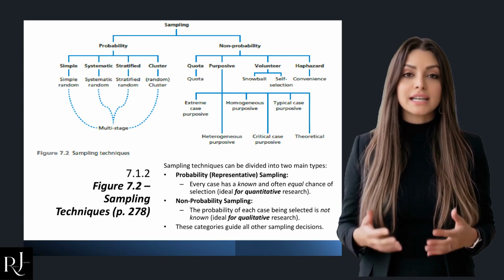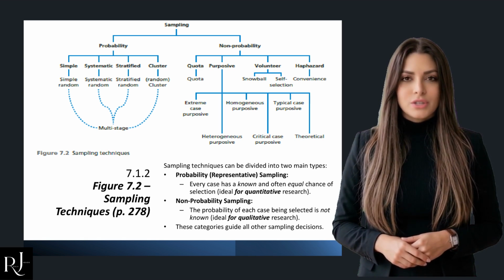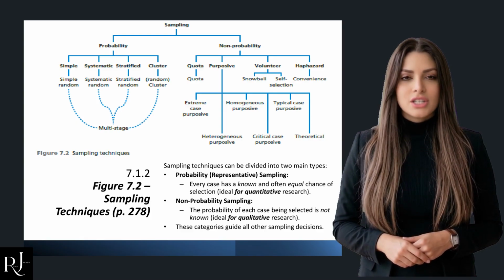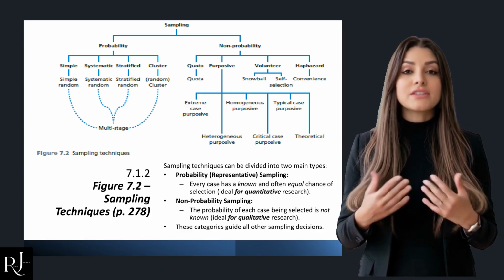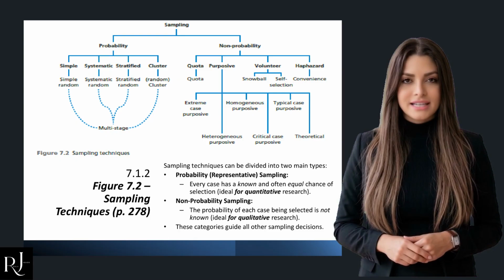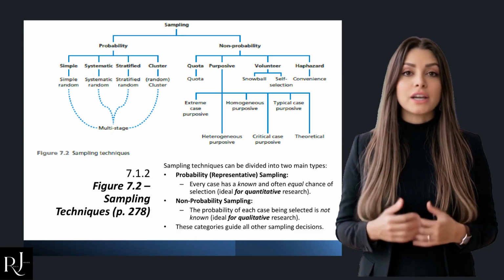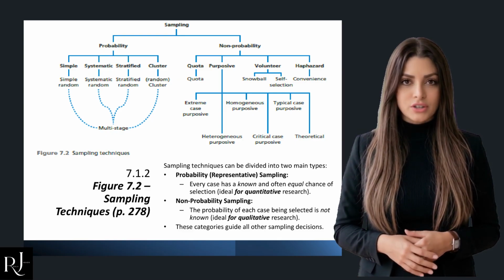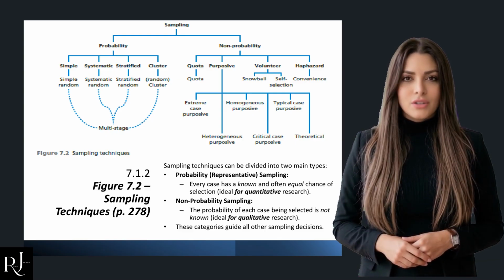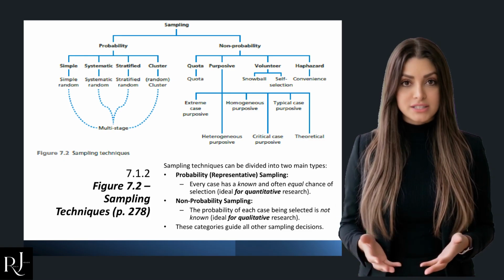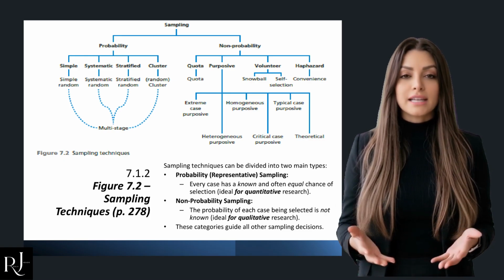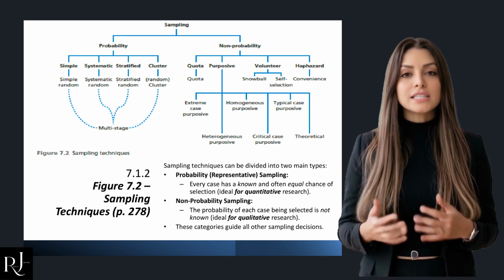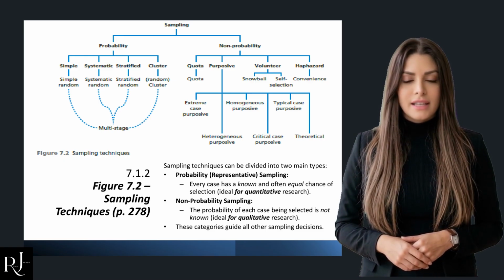They specifically select entrepreneurs who have unique stories, such as those who have overcome significant challenges or have innovative business models. Since the selection is based on specific criteria rather than random chance, the probability of any particular entrepreneur being selected is not known. These two categories will guide every decision you make regarding your research design and the tools you use for analysis later in your MBA project journey.